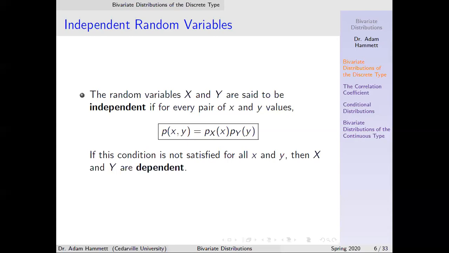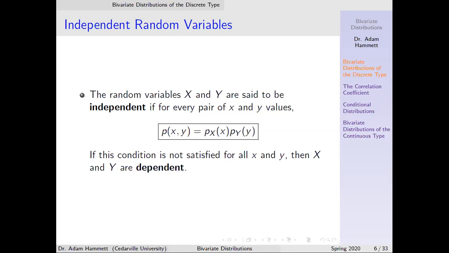What we mean is that the events determined by the random variables x and y are independent. That is, any event that I might have happening because of the random variable x and the random variable y, those events themselves will be independent. So what does that mean down on the level of the probability mass functions?